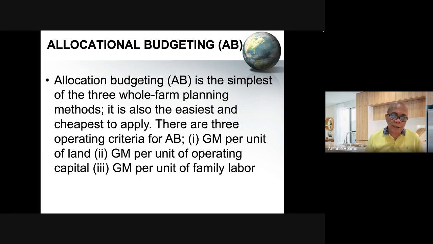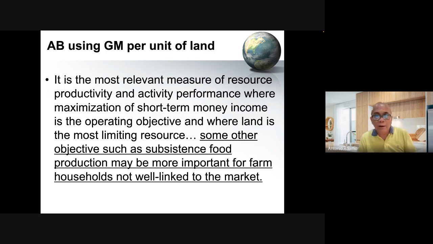There are three operating criteria: gross margin per unit of land, gross margin per unit of operating capital, and gross margin per unit of operating labor. These are the different operating criteria. Maximizing gross margin per unit of land, gross margin per unit of operating capital, is most relevant to measure the resource productivity and activity performance.